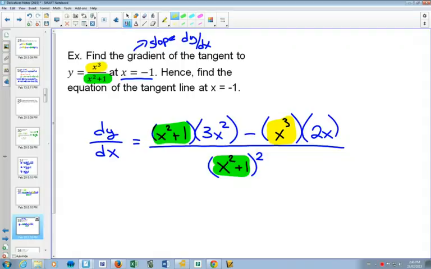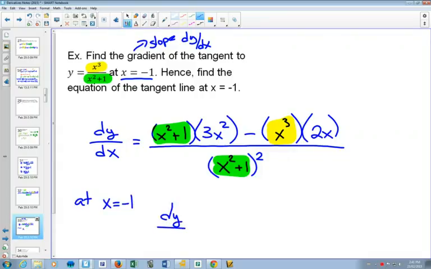So that is the equation of every single slope at every single x point. That gives us all the different slopes, all the different tangents, no matter where you are in the function. If we want to be specific, at x equals negative 1, what would that be?